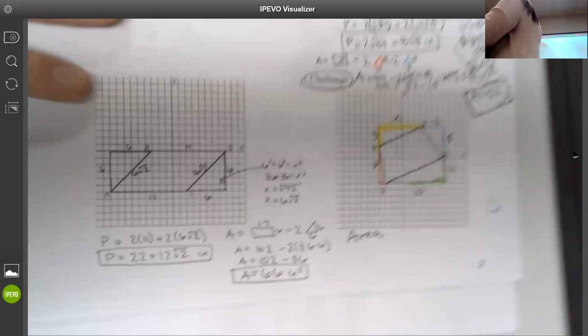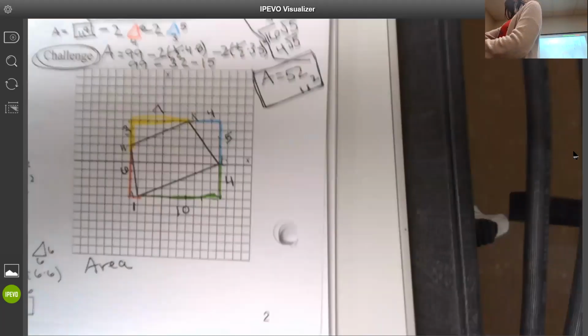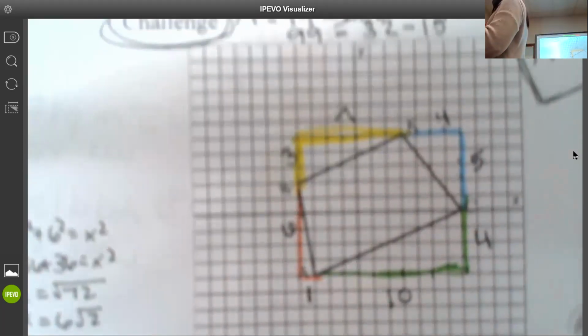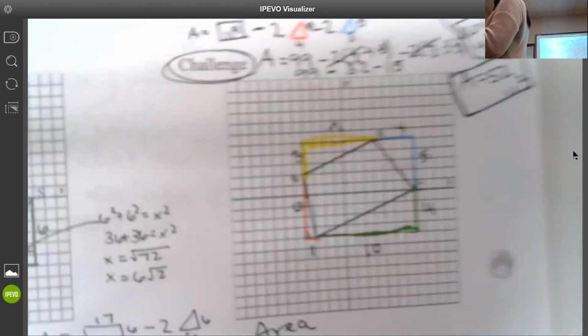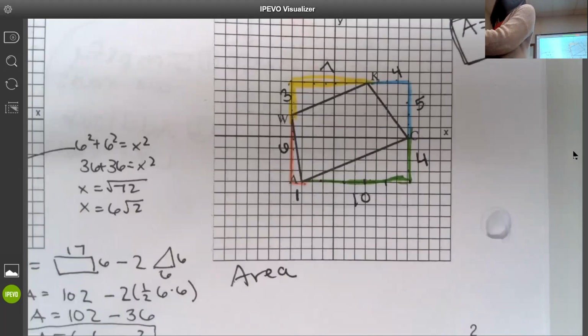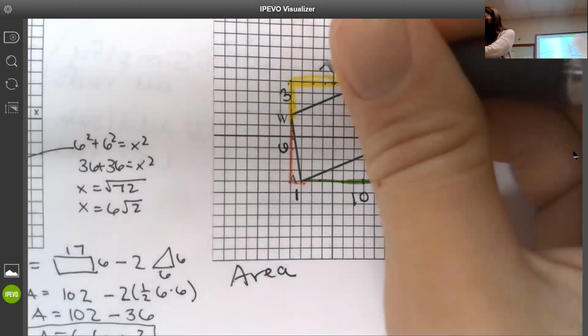A bit closer. It is a little zoomed in so you can see the numbers a little better. This is a 7.